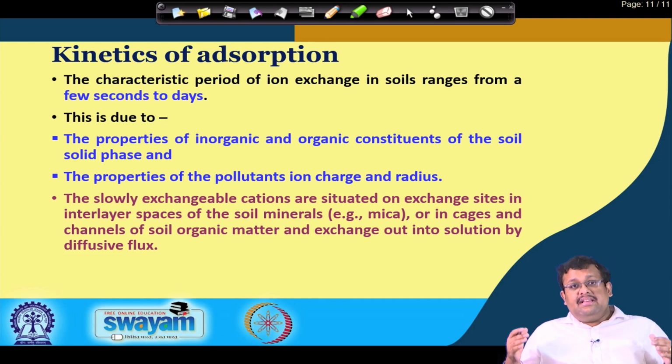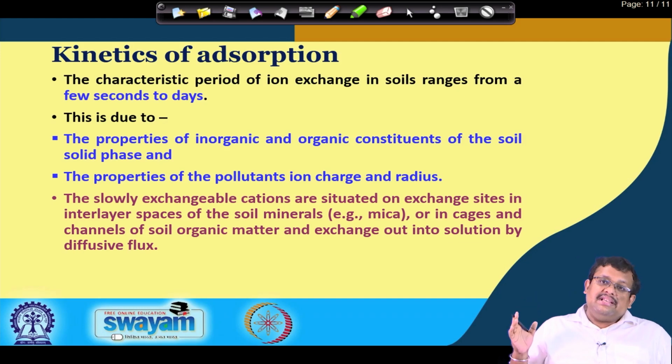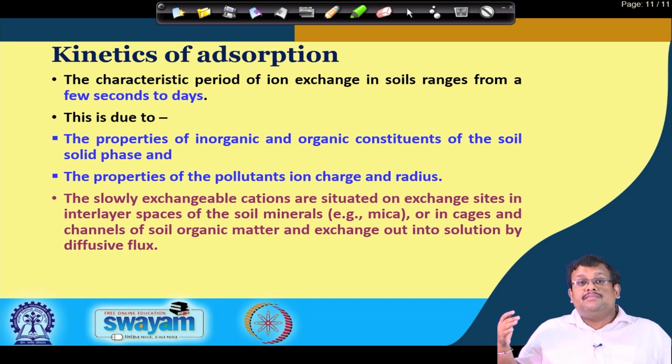We have already discussed that, as compared to the external surface area, those cations adsorbed into the internal surfaces or interlayer spaces, as in illite, mica and smectite, are slowly exchangeable in nature.